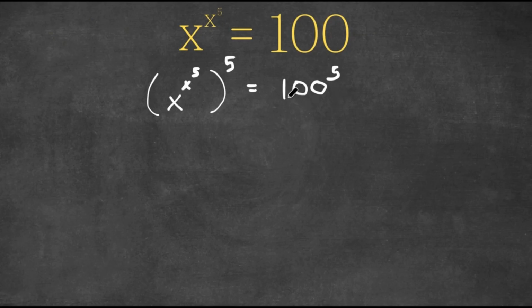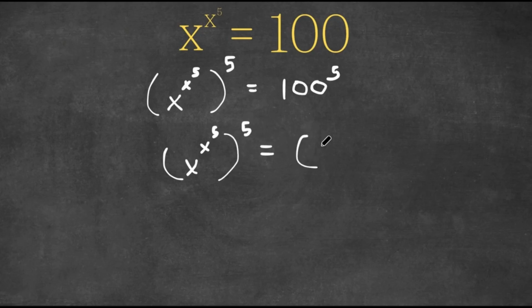Now, I'm going to change the 100 to 10 squared. So now we have x to the power of x to the power of 5 to the power of 5, and this is equal to 10 squared to the power of 5.